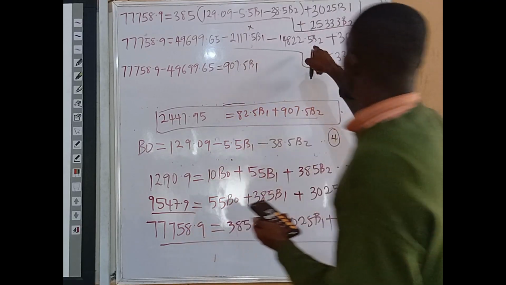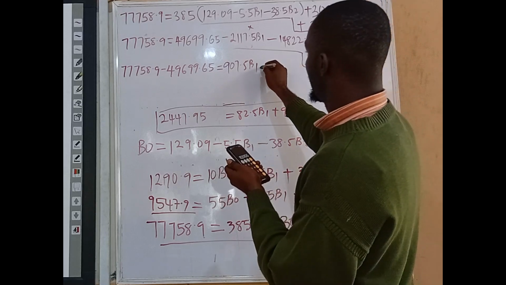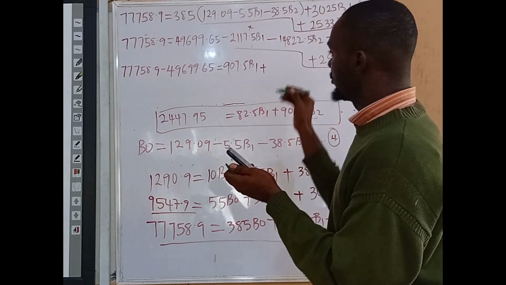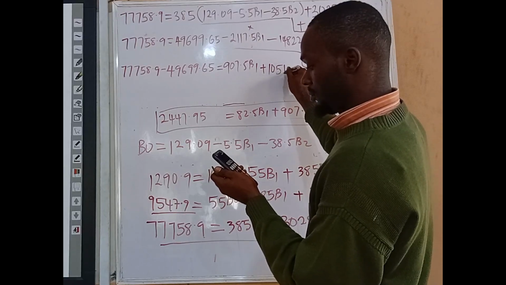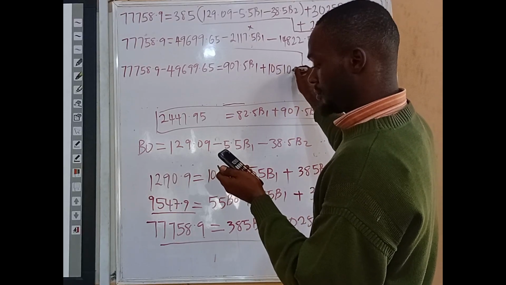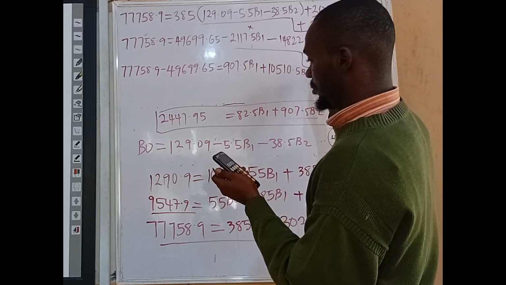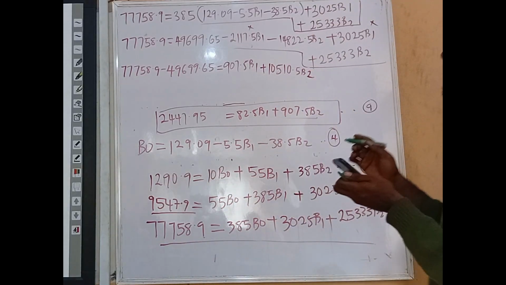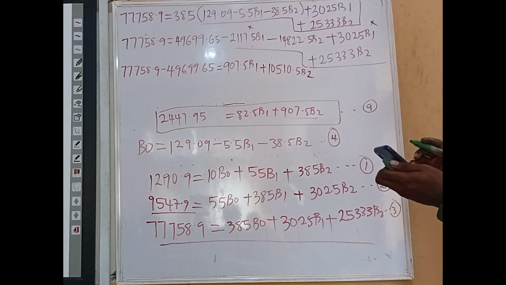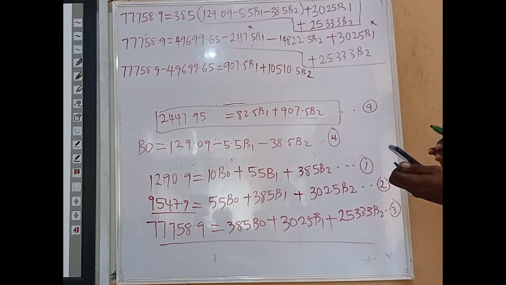The next one is 10,51. Then we now have 77758.9 minus 49699.65.